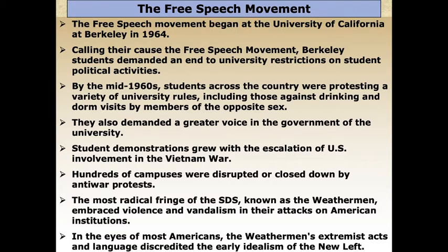And this kind of discredits the early involvement of the New Left and the early idealism that they were trying to exhibit. So yeah, kind of like how the civil rights movement was starting to turn a little bit more violent with the introduction of Black Power and the Black Panthers, and that kind of discredited a little bit of the civil rights movement. So the Weathermen kind of discredit the New Left in a similar fashion.